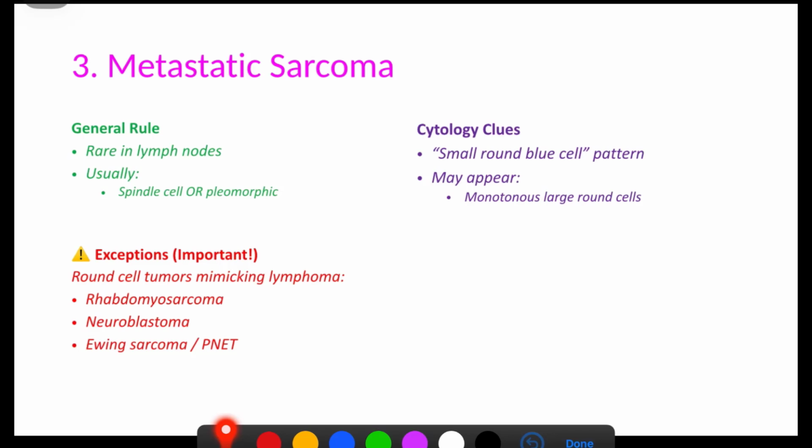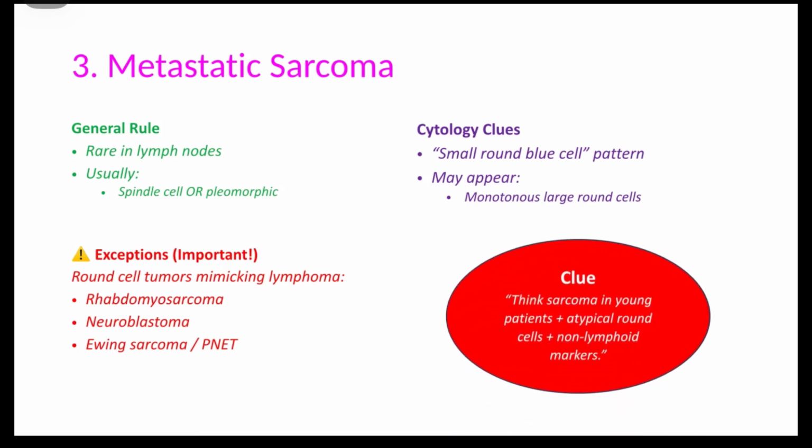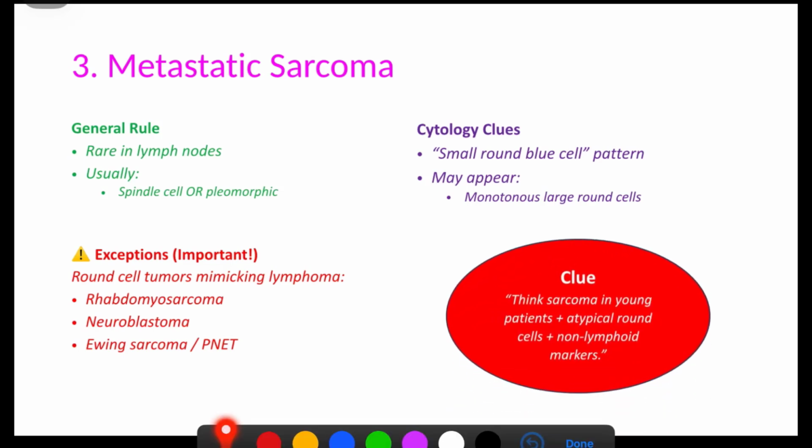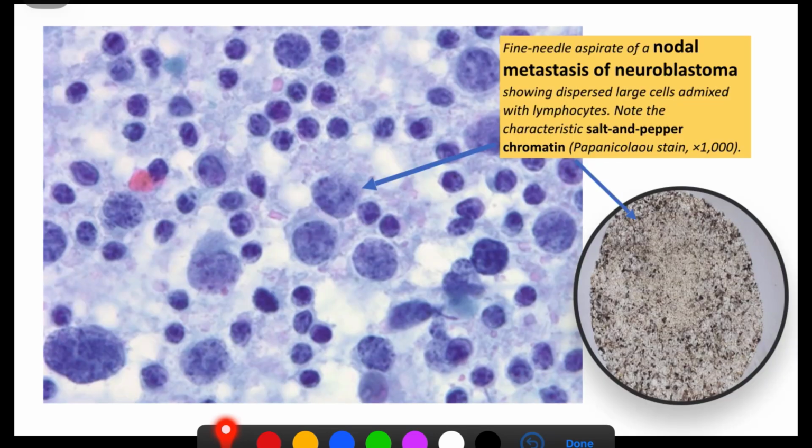So round cell tumors mimic lymphoma, like rhabdomyosarcoma, neuroblastoma or Ewing sarcoma or PNET. So what is the clue? When you think sarcoma in a young patient, look for atypical round cells and if non-lymphoid markers are positive, we can have a metastatic sarcoma in diagnosis.